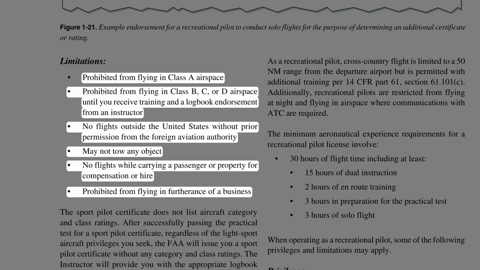Limitations: prohibited from flying in Class A airspace; prohibited from flying in Class B, C, or D airspace until you receive training and a logbook endorsement from an instructor. No flights outside the United States without prior permission from the foreign aviation authority. May not tow any object. No flying while carrying a passenger or property for compensation or hire. Prohibited from flying in furtherance of a business.